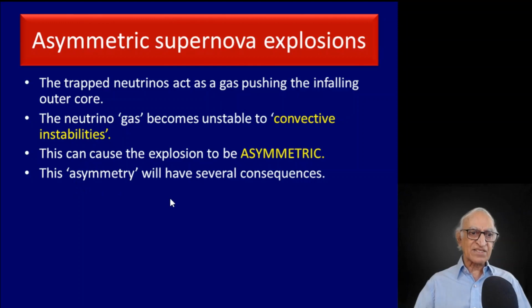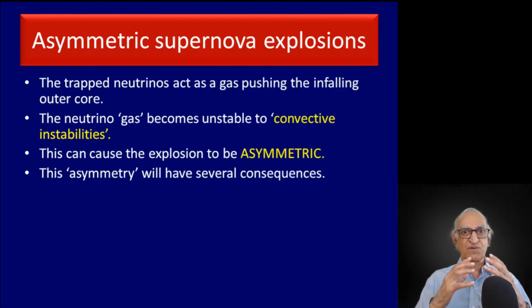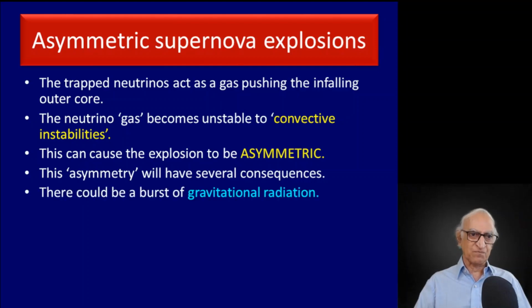So this asymmetry, which you expect on very general grounds, which we never entertained before neutrinos were brought into the picture, and neutrinos forming an effective piston like a gas, becoming turbulent due to Rayleigh-Taylor instabilities, such an asymmetric supernova explosion can have several dramatic astrophysical consequences.